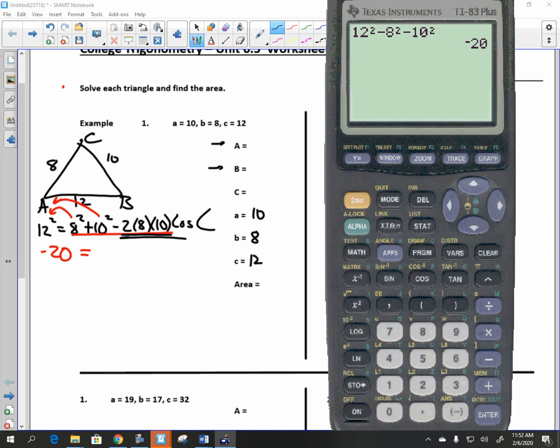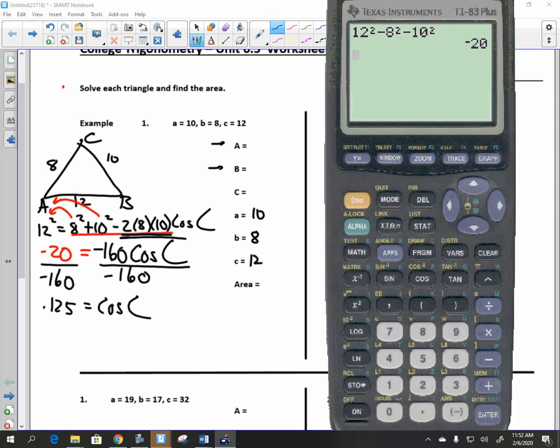Negative 2 times 8 times 10, negative 160 times the cosine of angle C. Divide by negative 160. Those are the common mistakes that people are making as we went through this. People are adding 160. We've got to divide that guy off. You get 1/8 or 0.125 is equal to cosine of C.